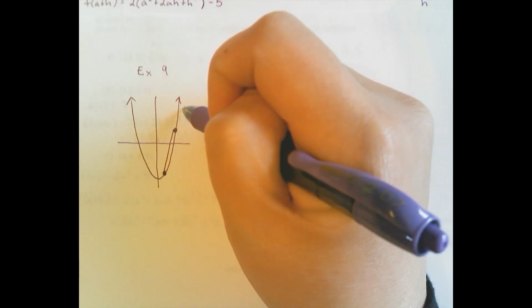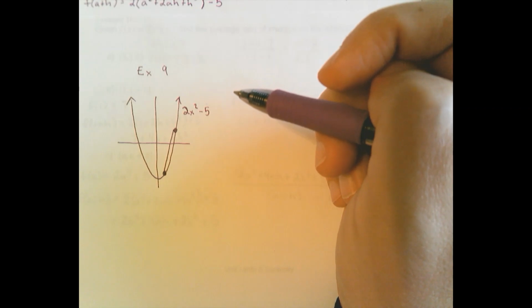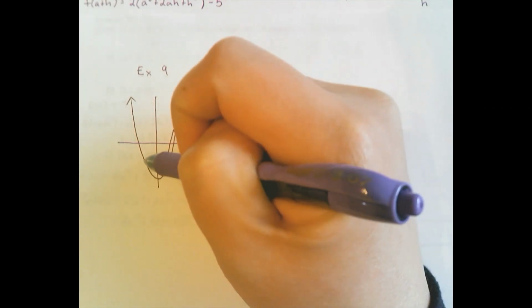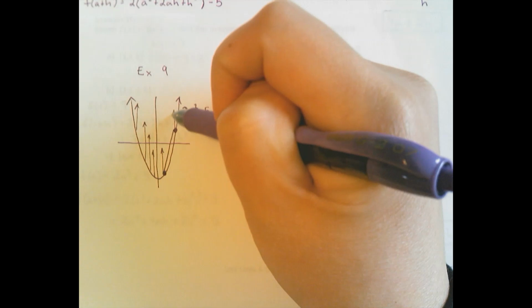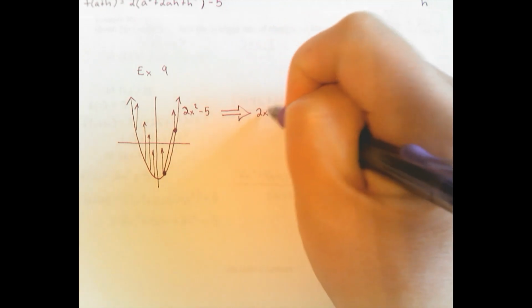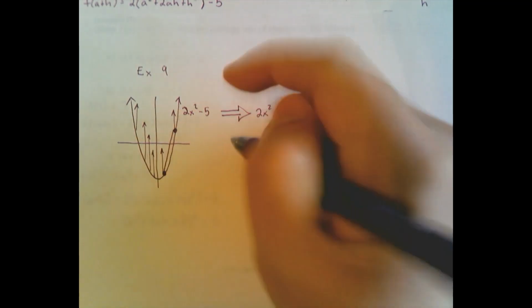If we take this function of 2x squared minus 5 and turn it into the function 2x squared plus 5, everything gets shifted upwards, including those 2 points that defined the average rate of change. They get shifted up the same amount. If we're going from 2x squared minus 5 to 2x squared plus 5, everything moved up 10 units.